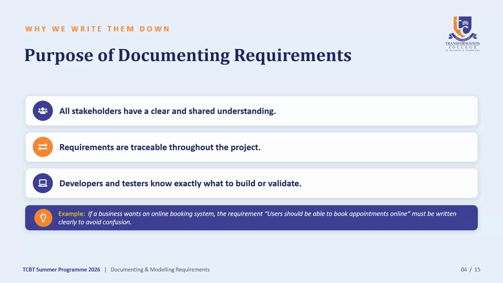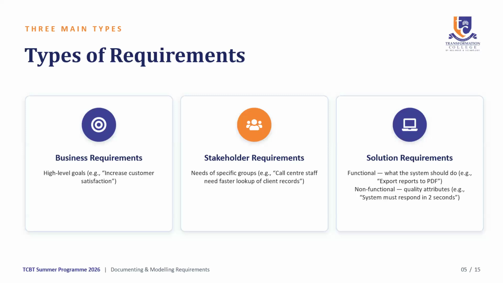Now, the hierarchy for business requirements goes like this. The first is the business need, then the business requirement, then we'll have the stakeholder requirement, then the solution requirement, which is split into two, then we'll have the transition requirement.